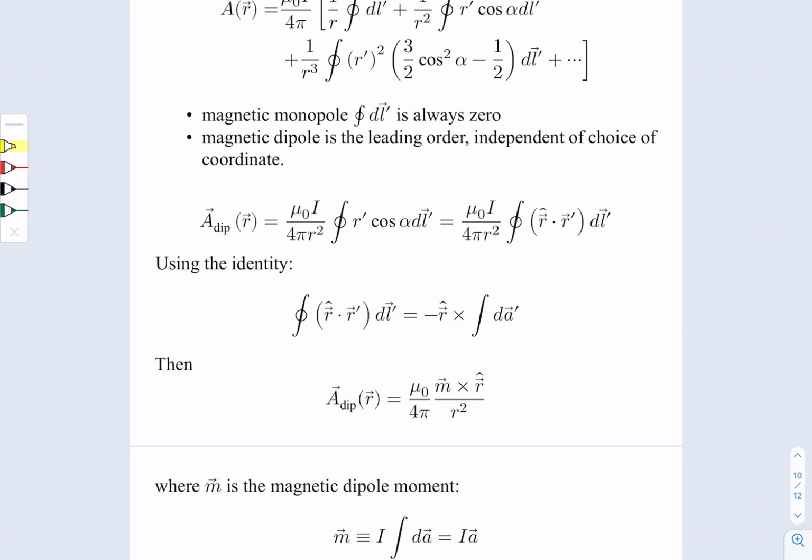So in the end, the r dependence can be pulled out, and you have to cross this r by the area, where this area is a vector.